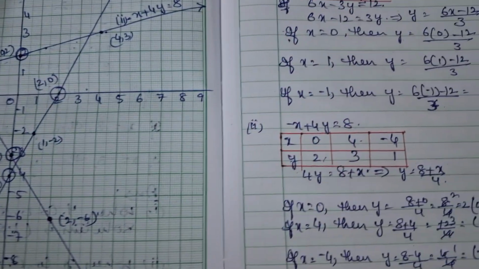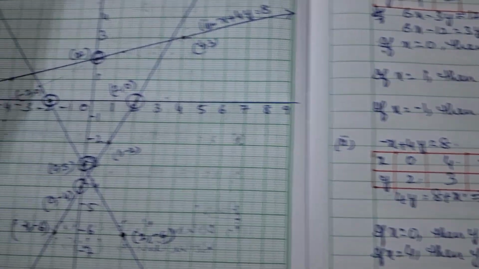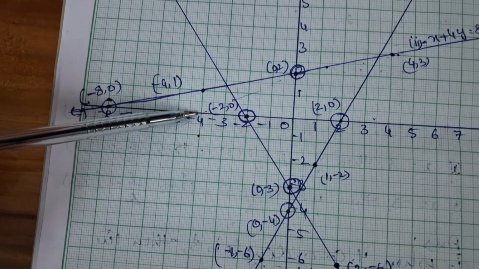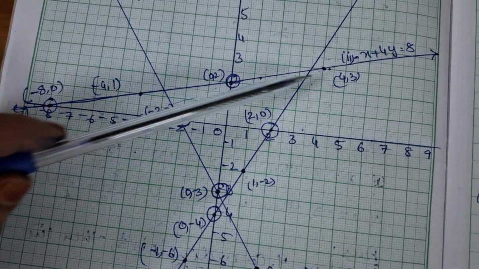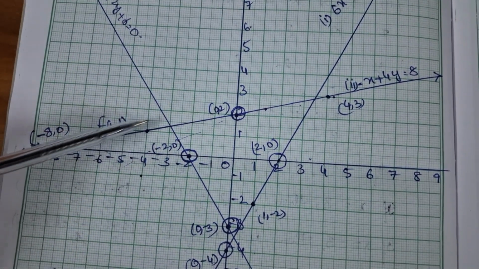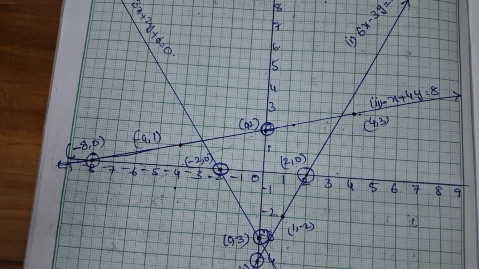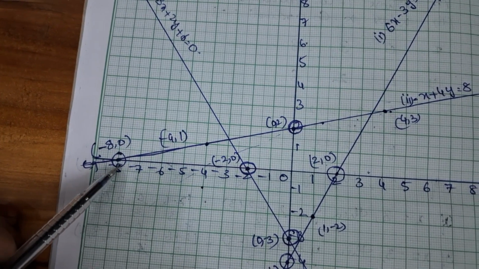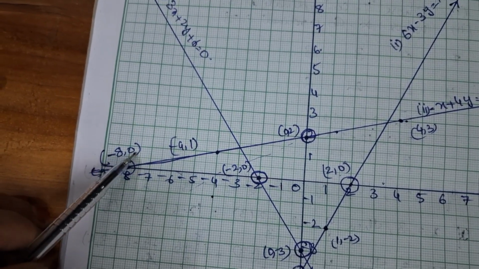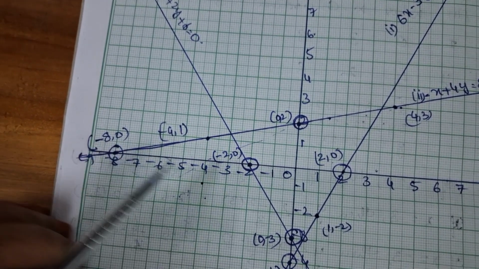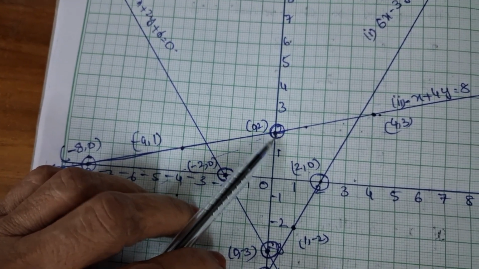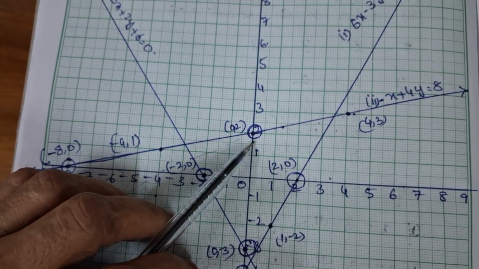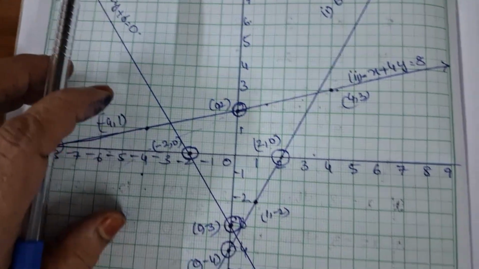Next minus 4 comma 1. So this is the line that you have got. This line is intersecting the x-axis at minus 8 comma 0 and the y-axis at 0 comma 2. These are the values for the second one, children.